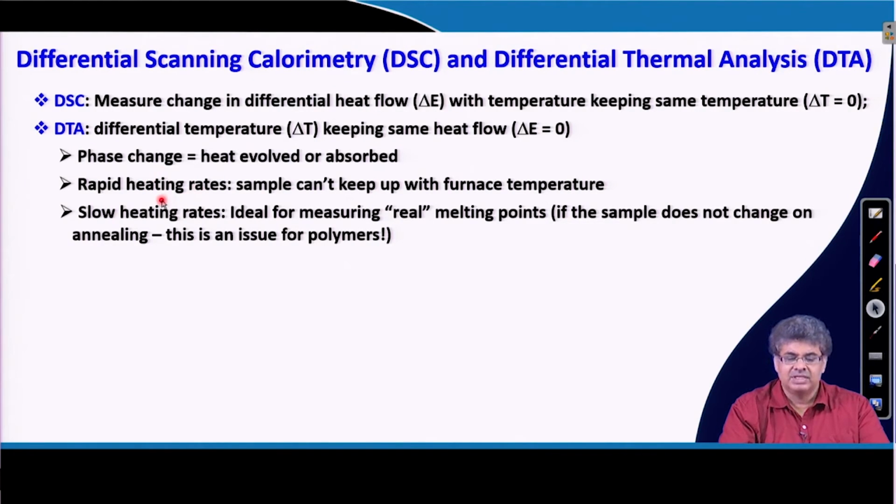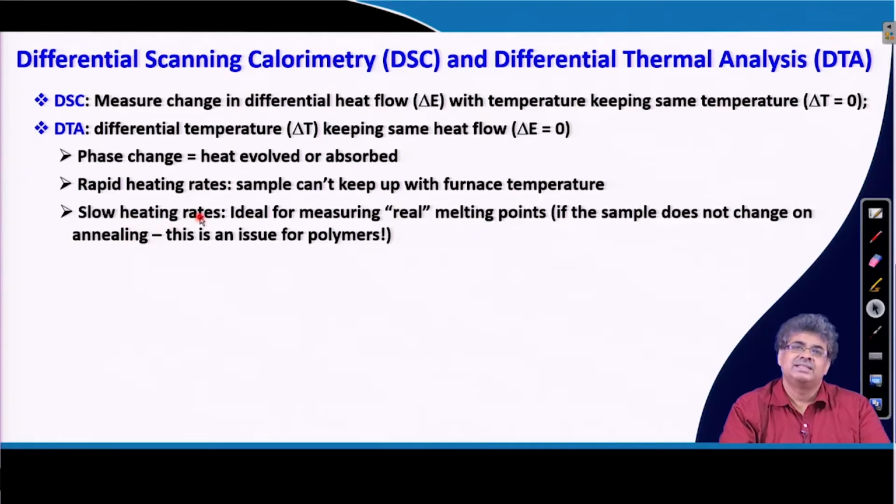So, if the heating rate is high, the sample cannot keep up with the furnace temperature. So, there could be an error in that measurement, but if we do slow heating, then we can have a proper measurement, but there is a risk also in slow heating.